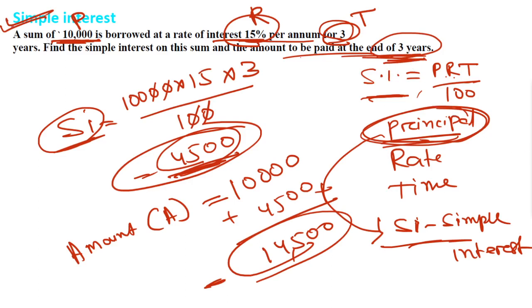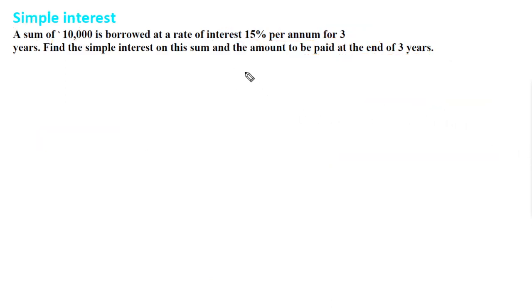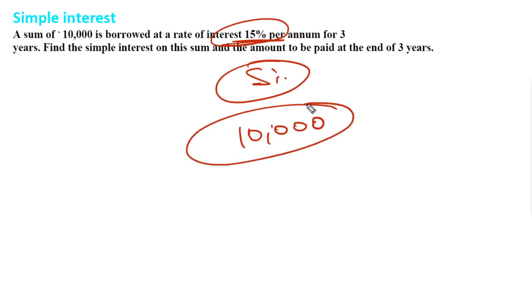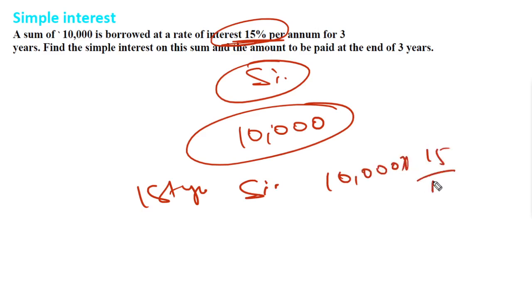Now we will move to compound interest. So what is the difference between simple interest and compound interest? Look, in simple interest the rate of interest is fixed, here 15%, and suppose for 10,000 rupees, for first year simple interest is equal to 10,000 into 15 by 100.